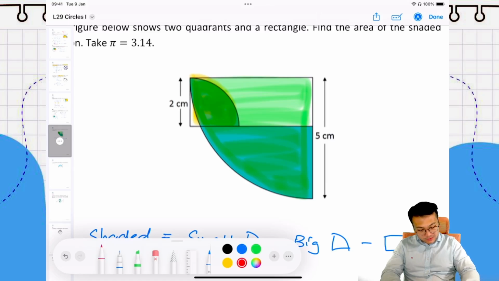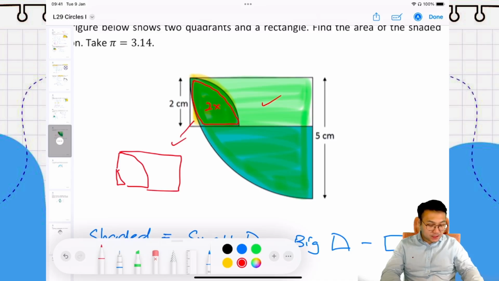I've already added this part twice, so I need to get rid of it. I also need to get rid of this tiny little part here. Don't you see that this tiny little part plus this part plus this part gives you a rectangle? That's why you need to get rid of it. You already have an overlap of 2 times here.